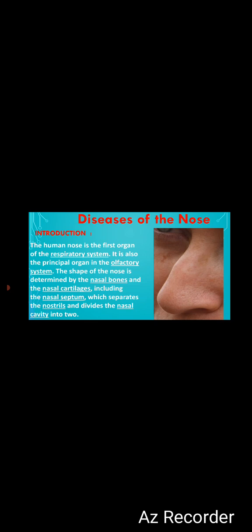In the introduction part, the human nose is the first organ of the respiratory system. It is also a principal organ in the olfactory system. The shape of the nose is determined by the nasal bones and the nasal cartilages, including the nasal septum, which separates the nostrils and divides the nasal cavity into two.